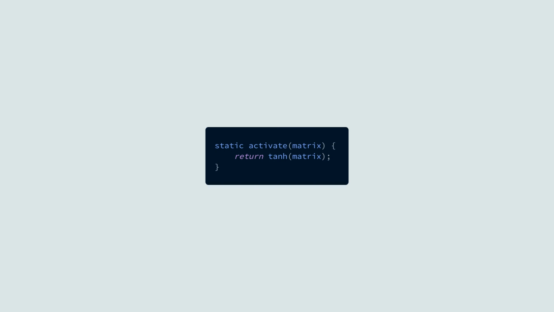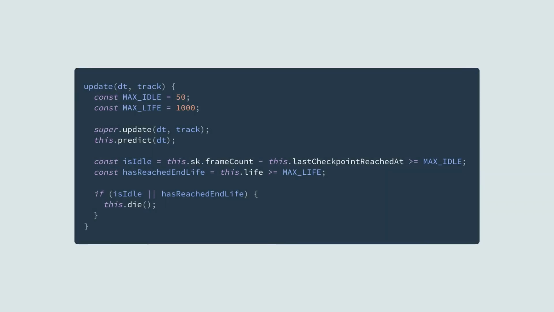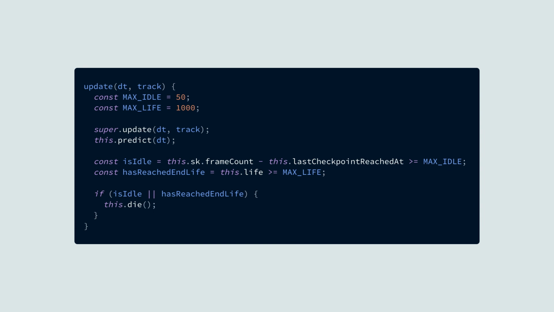The activation function I'm using is the hyperbolic tangent. Now we need to override the update method for the smart car class. We first call the super update method, which will update the car coordinates and heading like before. Then we call the predict method. I have also given the car a maximum lifespan and a check against inactivity.